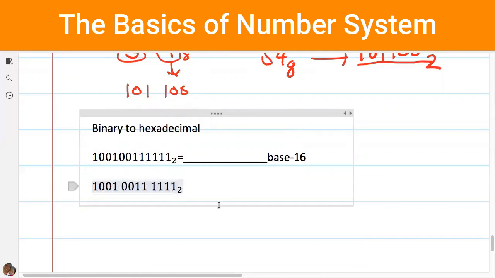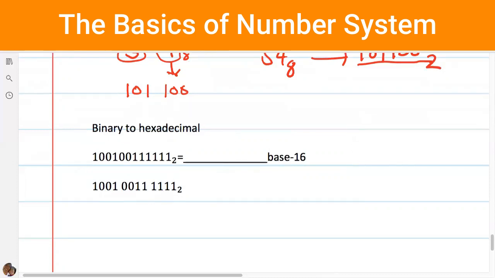So I have grouped now the binary numbers by 4, and then I will take the equivalent of this 1111 in decimal form. Take note, 1111 in decimal form is 15. Why 15? This is 1, 2, 4, 8. That's 15. And 15 is equal to F in hexadecimal form.